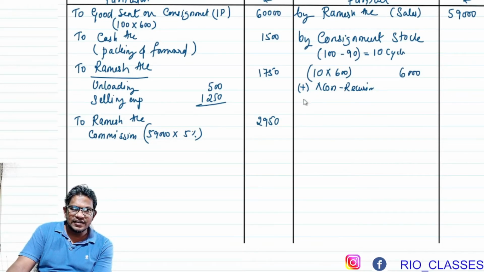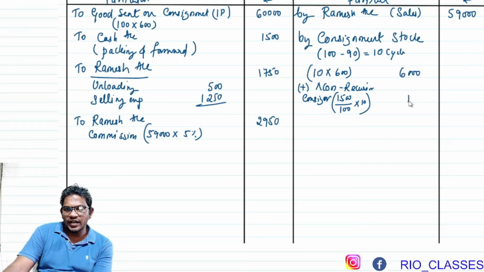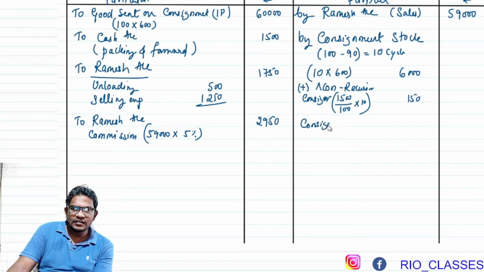Consignor has spent 1,500 for 100, so how much is for 10? That comes to 150.